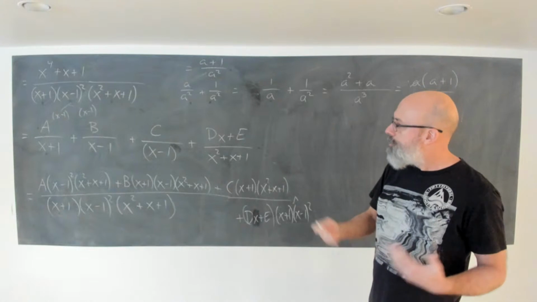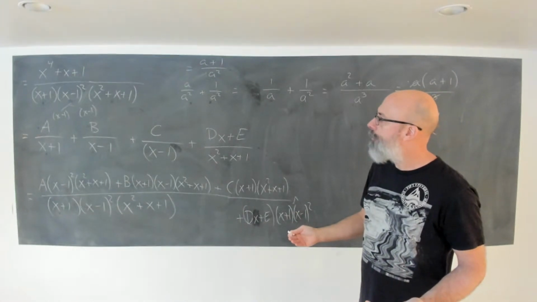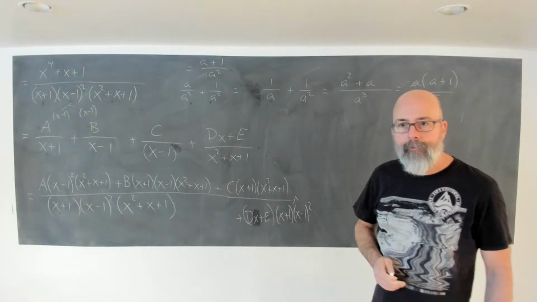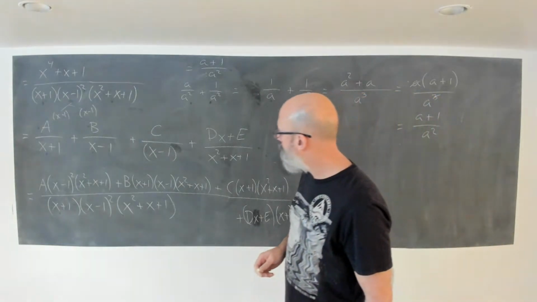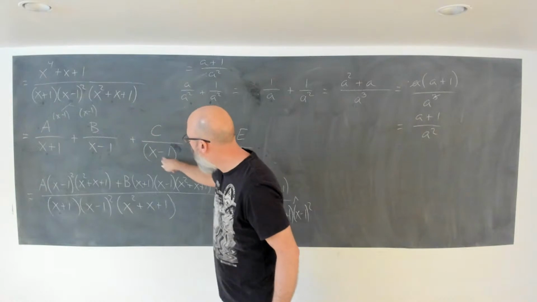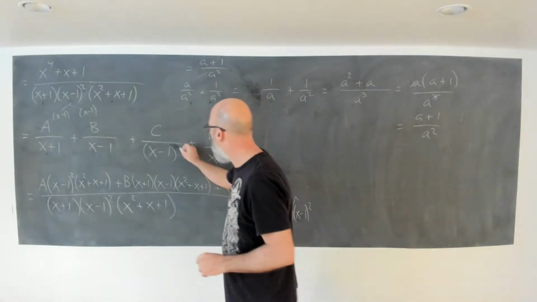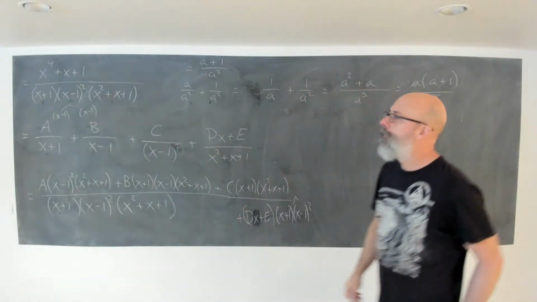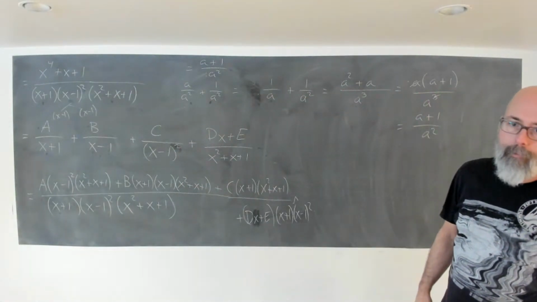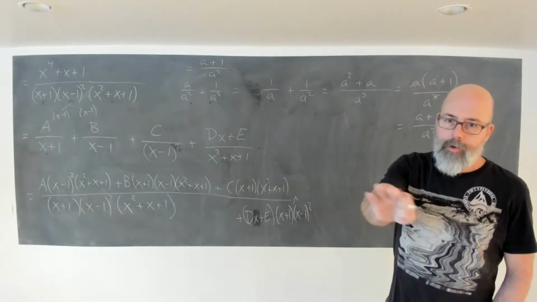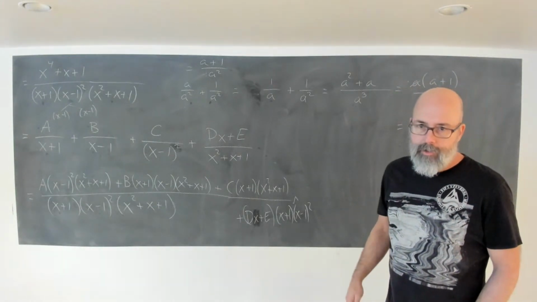And that's nowhere near the same as something over x minus 1 squared. You'd be missing the square, which may or may not play a role. Well, in fact, it will absolutely play a role.